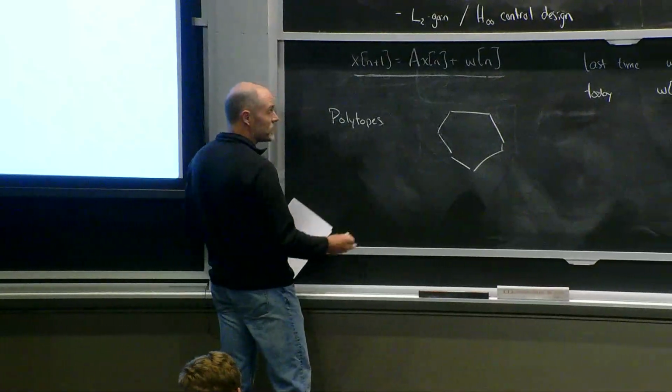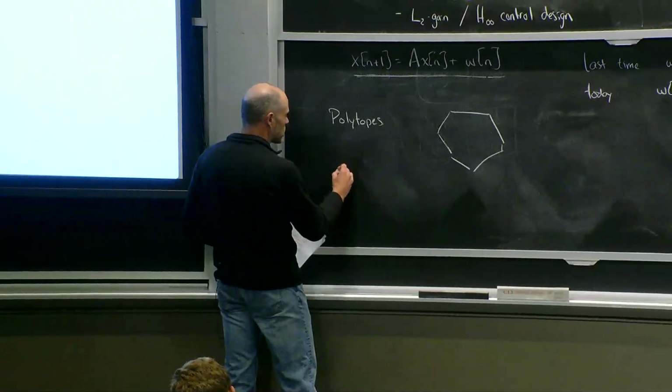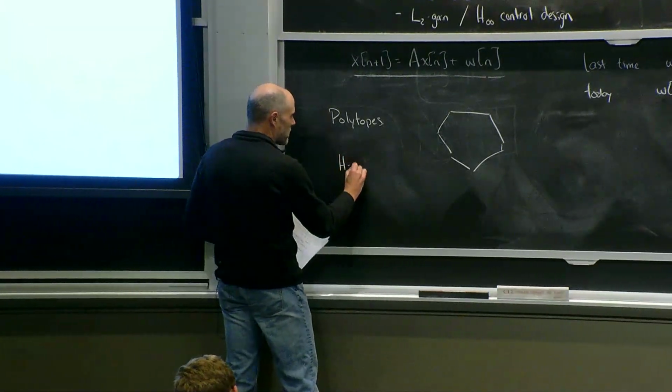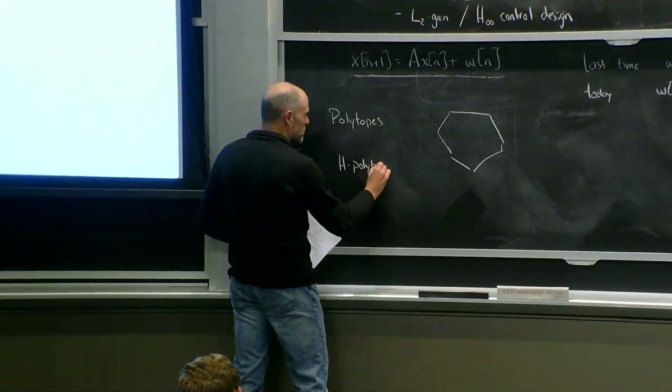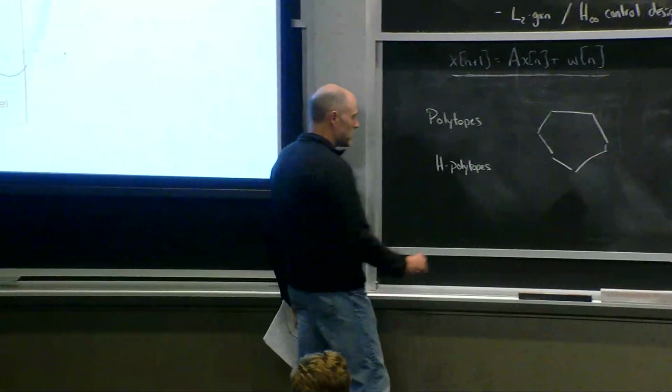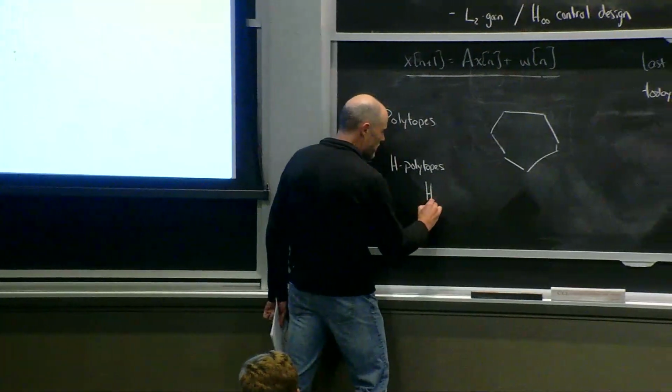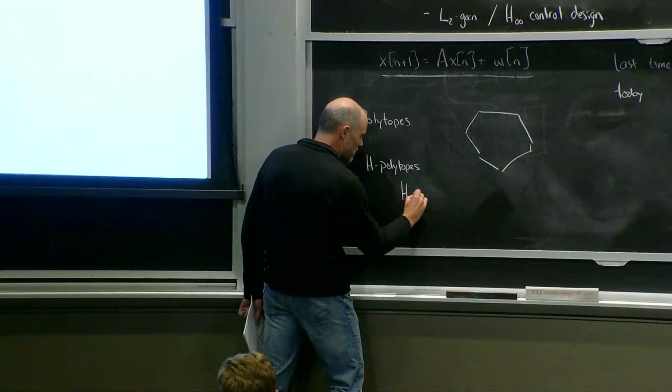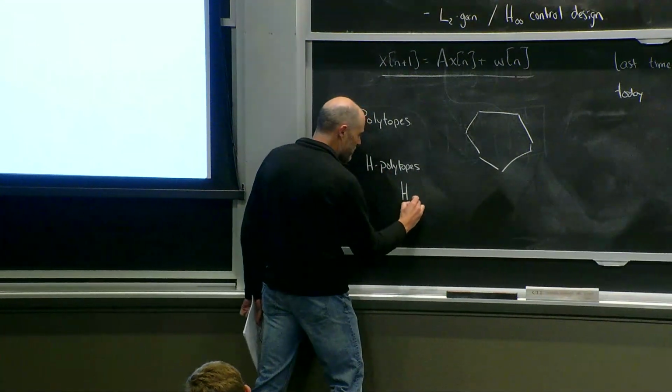Okay. There's a bunch of ways that you could represent it. So you can talk about H polytopes, which is the half-plane representation, which I'll just call H to keep track. We're going to have a couple coefficients lying around, a couple affine transforms lying around.